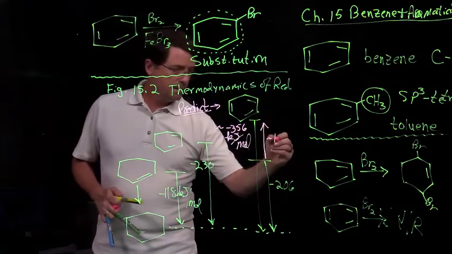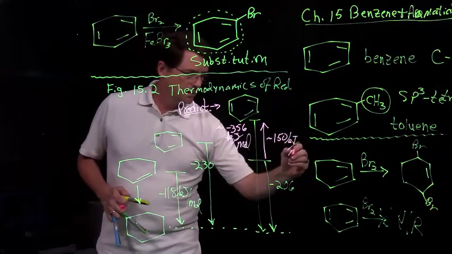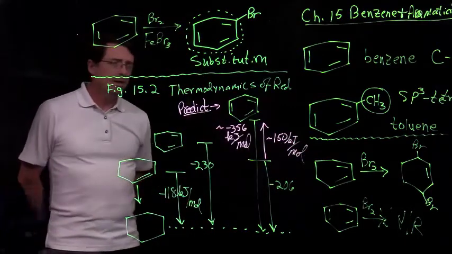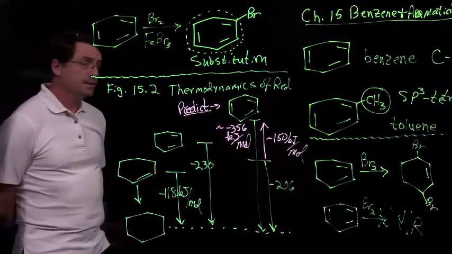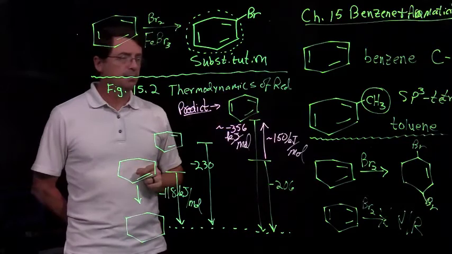So there's a difference here of about 150 kilojoules per mole. And this significant difference in energy is what we call the aromatic stabilization energy of benzene.